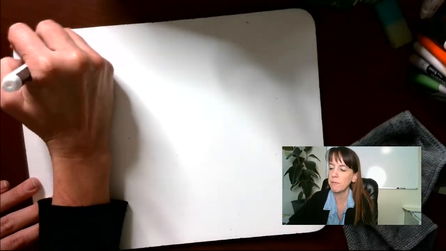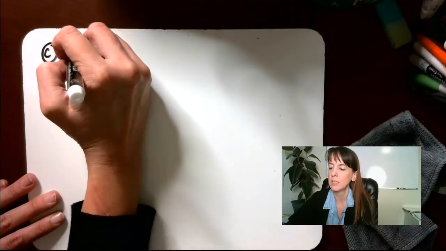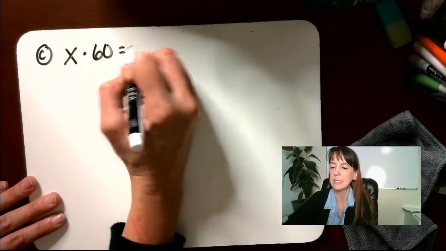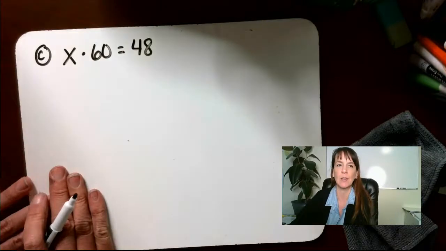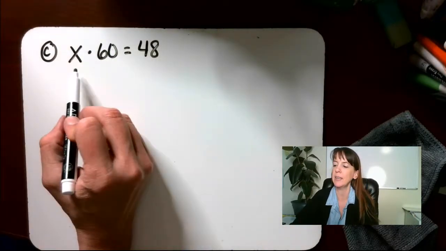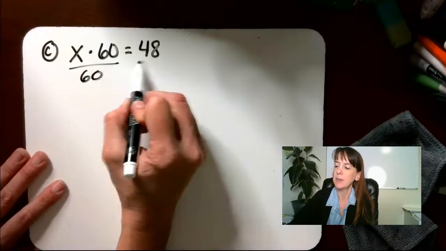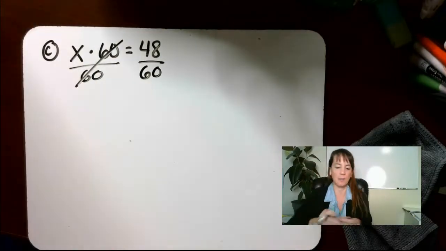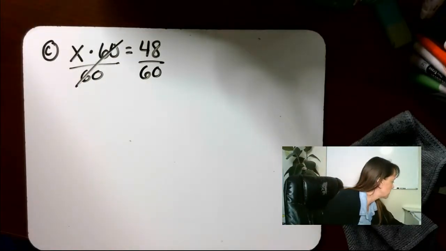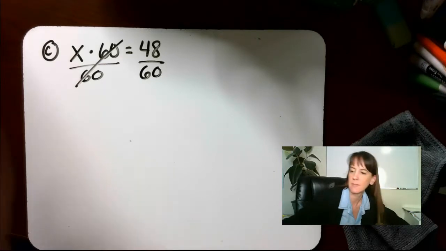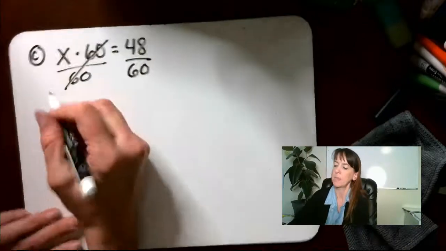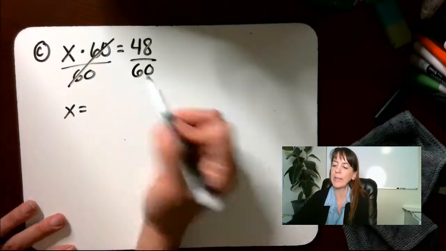Let's do C. What fraction of 60 is 48? All right, we want to get that x by itself, and the opposite of multiply is divide. Divide both sides. These guys cancel out, and I'm left with x equals 48/60.